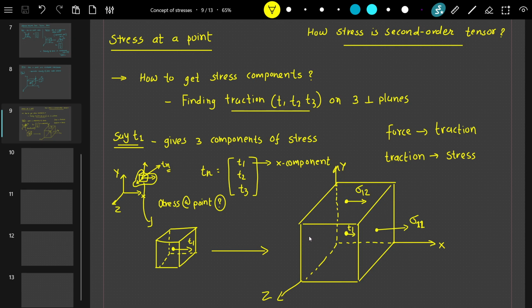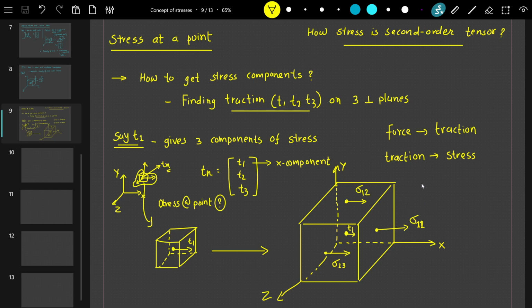Similarly the z plane, so this front plane is z. I find the component of T1 on the z plane. This is my stress due to traction T1 on plane z. So sigma 1 3. This is how you get three stress components.